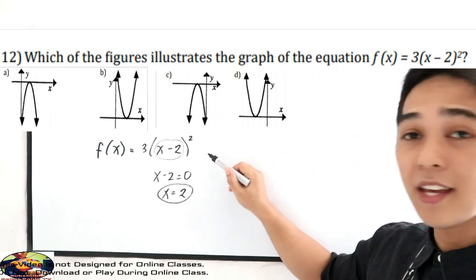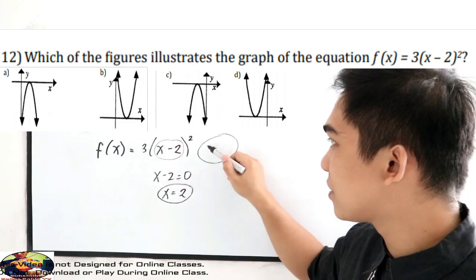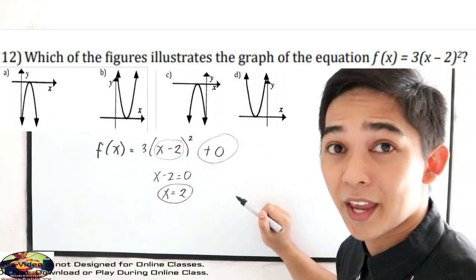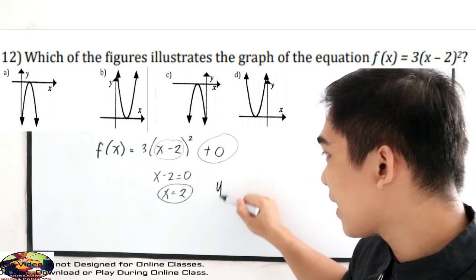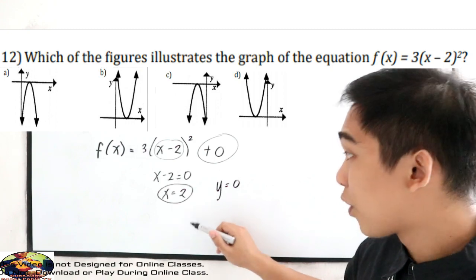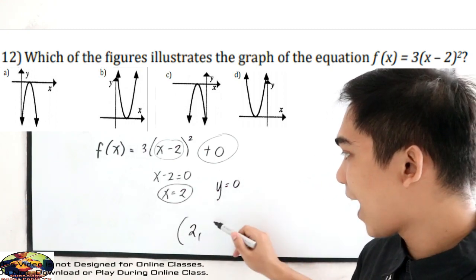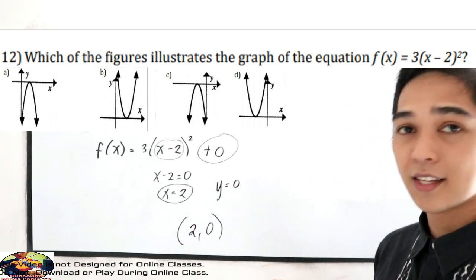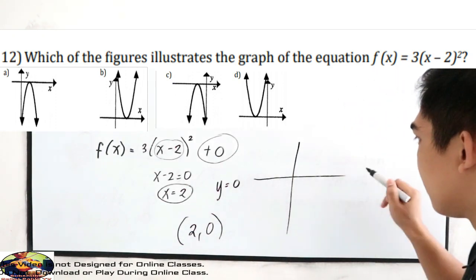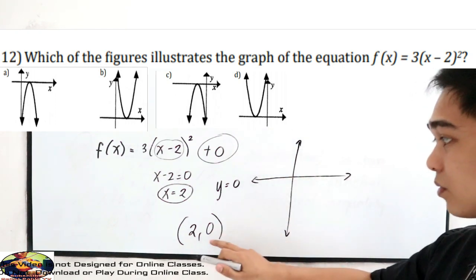And for y, since we have no value here, it is understood that this is plus 0, plus k. That is our k. So our y is 0. Therefore, the coordinates are positive 2 and 0. If we are going to graph in our Cartesian plane, where is positive 2, 0?